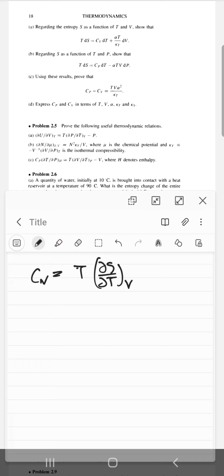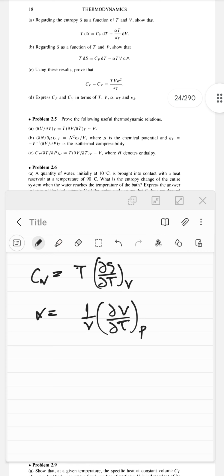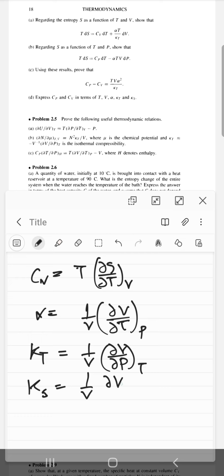Temperature we already have. Alpha is just 1 upon V, partial V by partial T at constant pressure. Yeah, that's alpha. The Kt is just minus 1 upon V, partial V by partial P at constant temperature, and then Ks is just minus 1 upon V, partial V by partial P at constant entropy, right?